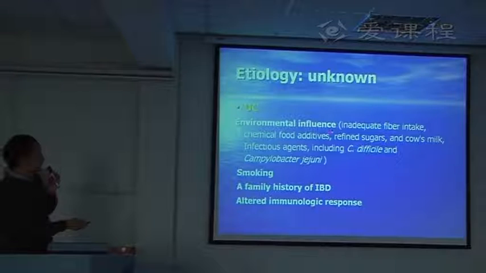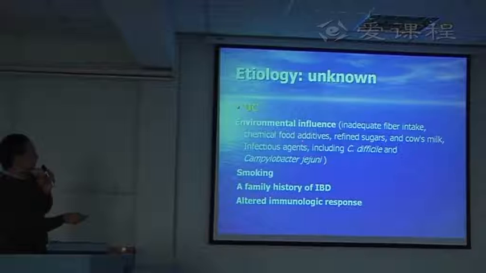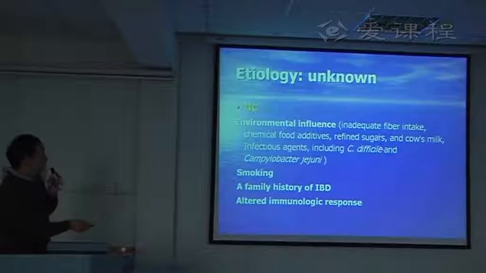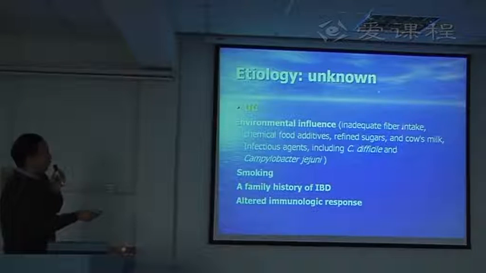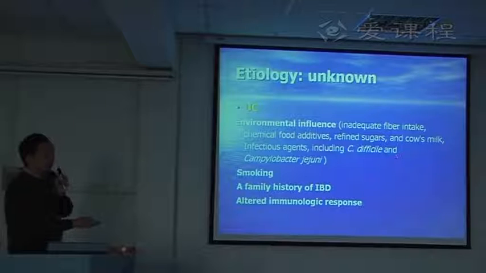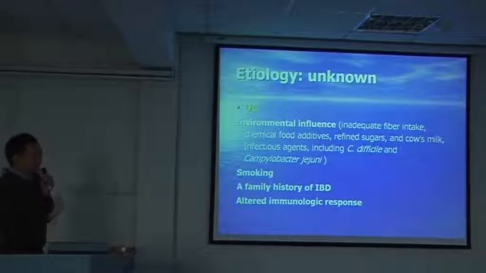Maybe UC has something to do with environmental influence: inadequate fiber intake, chemical food additives, refined sugars, and cow's milk. If the patient has ulcerative colitis and takes milk, the disease may worsen. Infectious agents, some microorganisms, may have to do with UC.